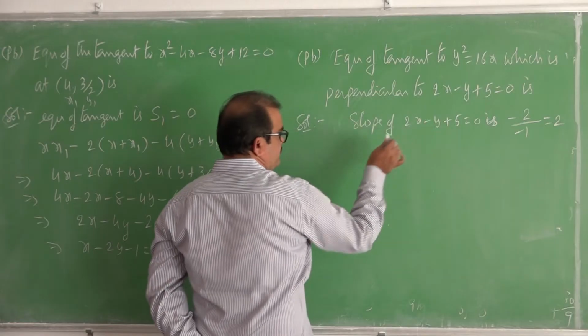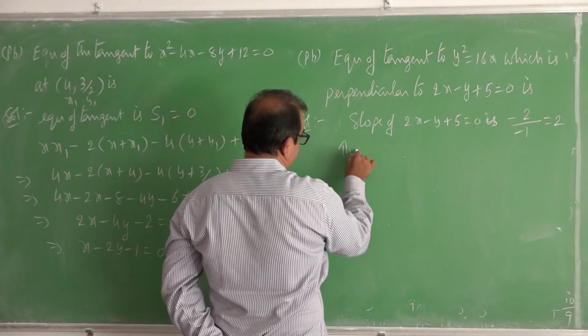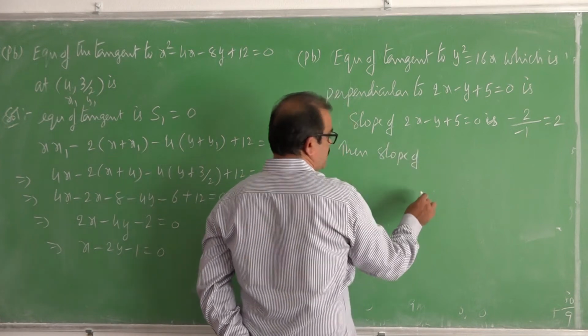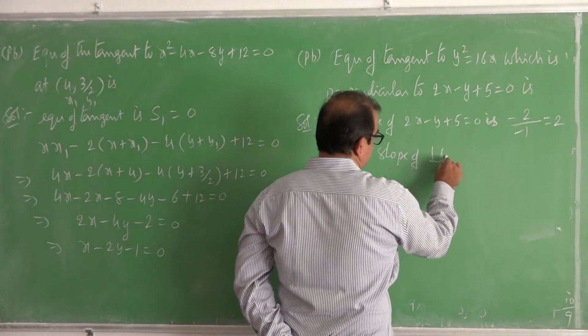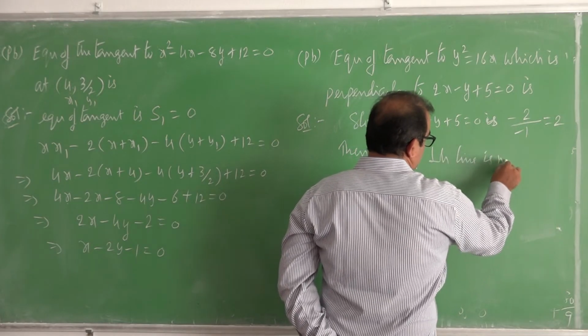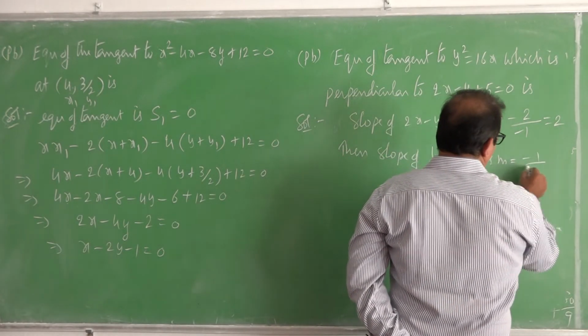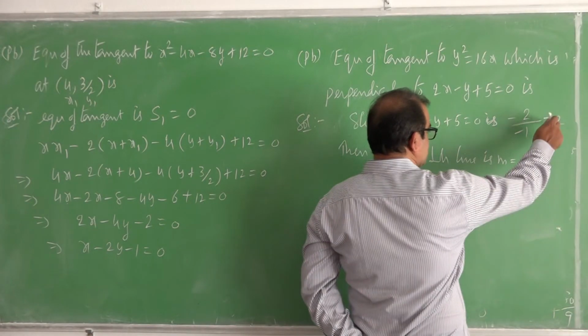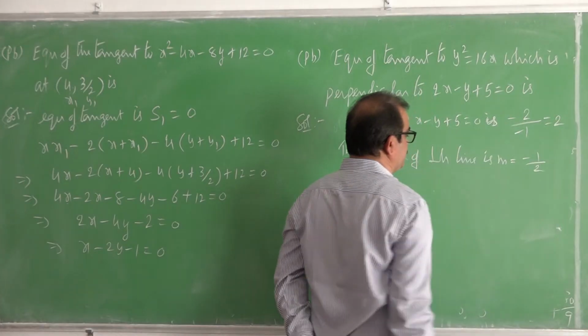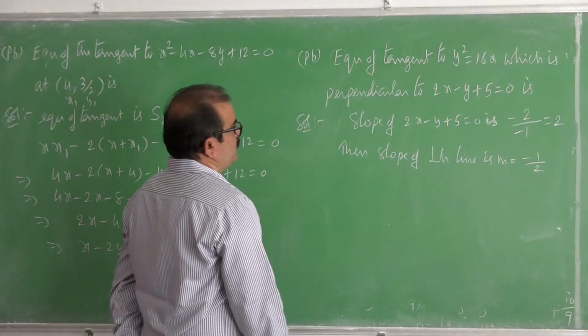If the slope of this line is 2, then the slope of the perpendicular line is minus 1 by 2.